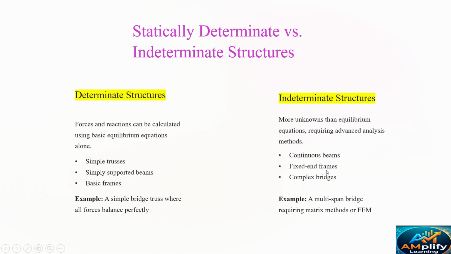A continuous beam, fixed end frame, or complex bridge. In these structures, the unknown forces and reactions cannot be calculated using only the equilibrium equations. Then you have to use compatibility equations or other equations for your result. That is called an indeterminate structure.